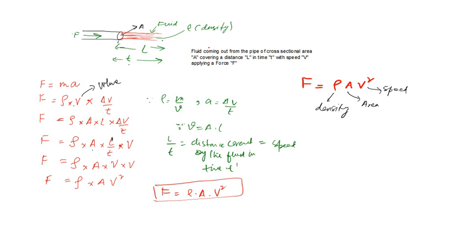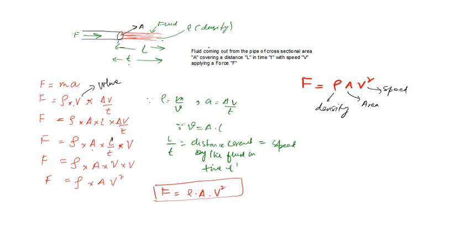So density times cross-section area times velocity squared. So we have this formula. This we need to remember: force, density, area, and speed squared.